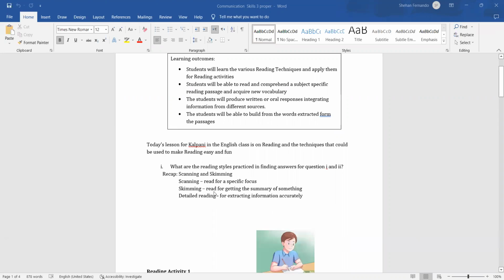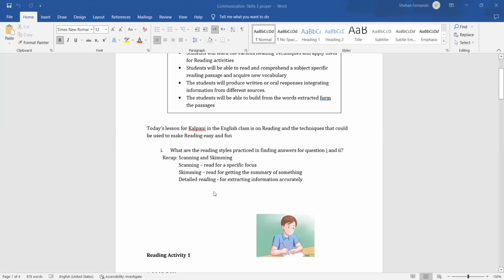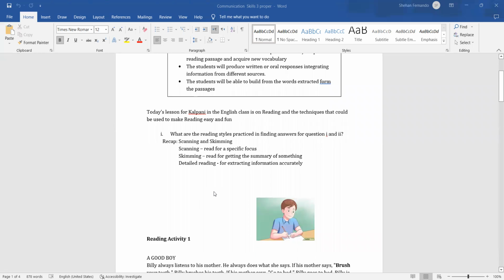Today we are going to do some reading. There are 3 reading techniques. One is scanning and the other one is skimming. Those are the 2 main reading techniques, and we also have something called detailed reading.